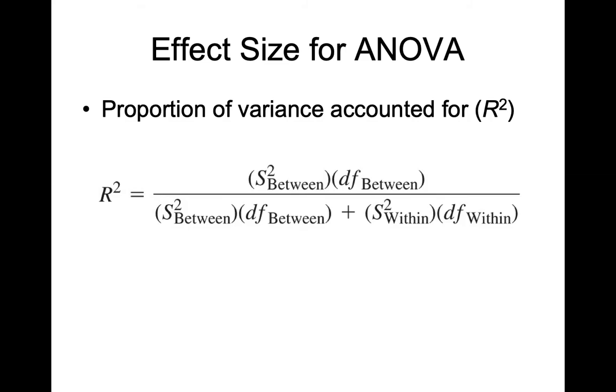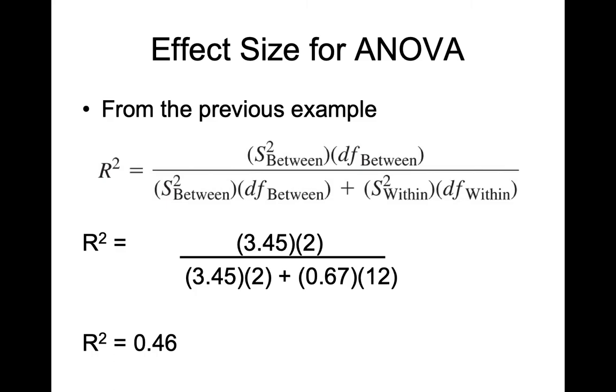Let's talk about effect size for analysis of variance. Effect size is the proportion of variance accounted for, which is R squared. This is calculated using a somewhat complicated equation, which I don't expect you to memorize, as much as just interpret what an R squared means.